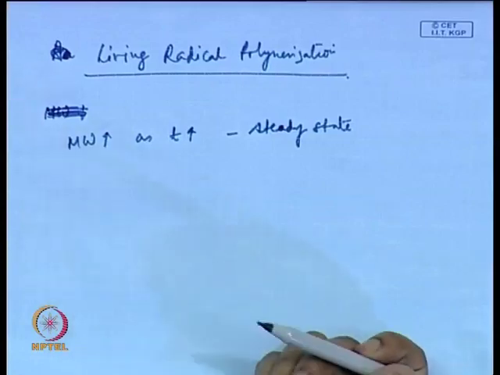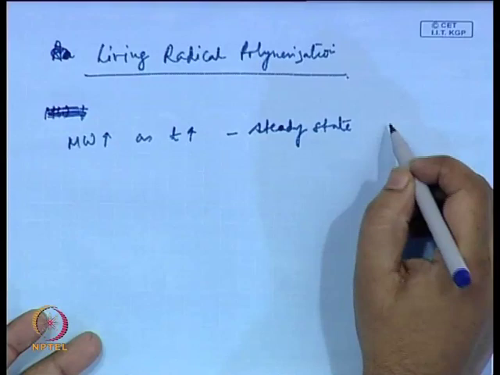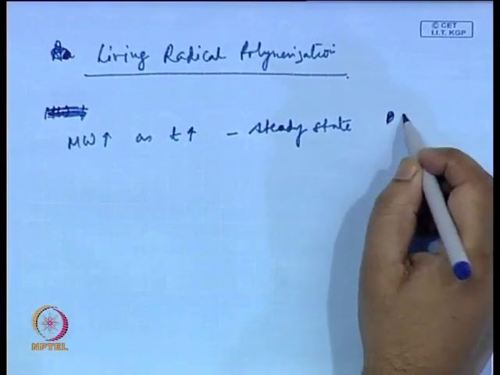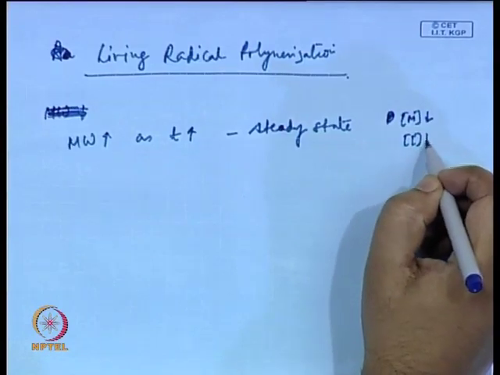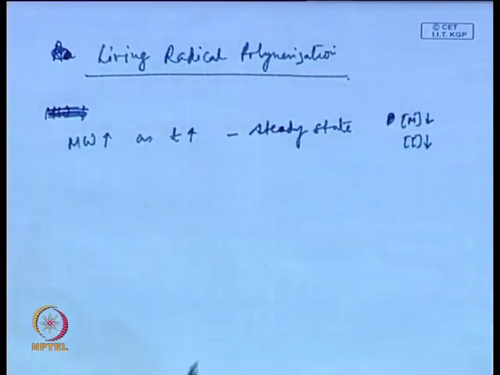So, the polymers formed at the beginning will have low molecular weight, whereas the polymers produced later during the reaction have larger size. That we have rationalized, because the concentration of monomer goes down, the concentration of initiator also goes down, but the initiator concentration goes down faster than the monomer, so effectively the molecular weight increases.